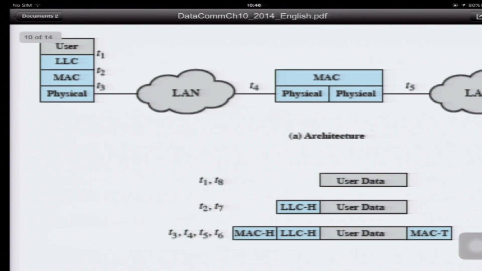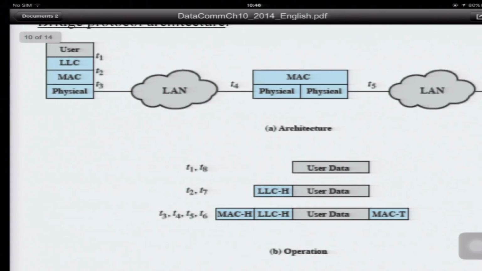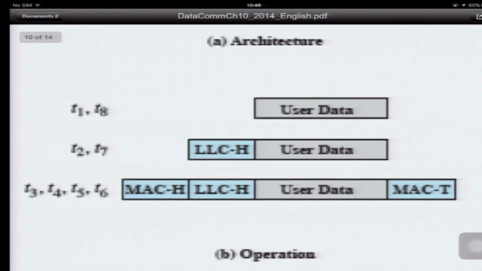When it goes past LLC, at time T2, it will be the LLC header with the user data. So this becomes the LLC protocol data unit. Then it goes to MAC at time T3, where you add the header and the trailer, so it becomes the MAC frame.